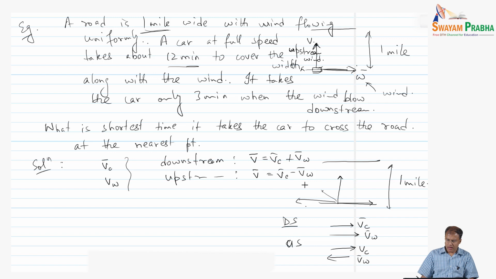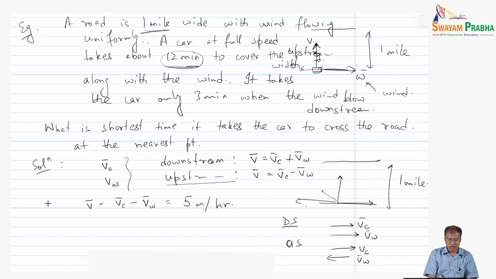Now some information is given. I think I have written the problem in the opposite way. The first information was that it was taking 12 minutes to cover 1 mile when the car was moving upstream, where the velocity is Vc minus Vw. So the net speed of the car was 5 miles per hour.